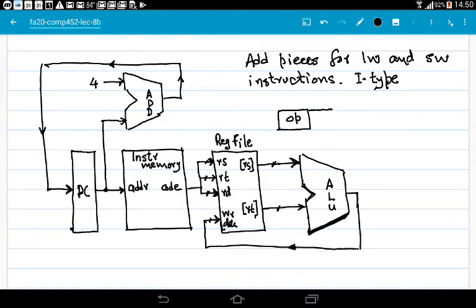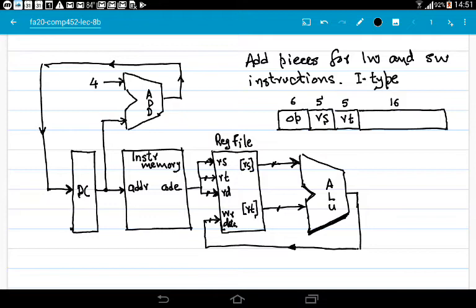Then we have 5 bits for RS, then 5 bits for RT, and then we have 16 bits for a number. So these are 6 bits, 5 bits, 5 bits, and 16 bits.